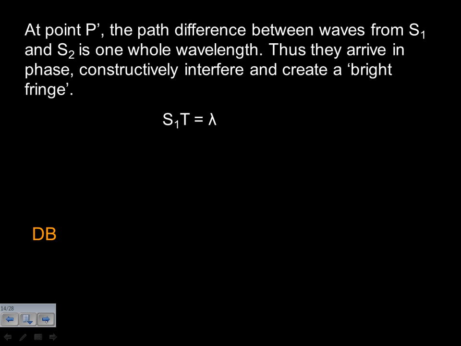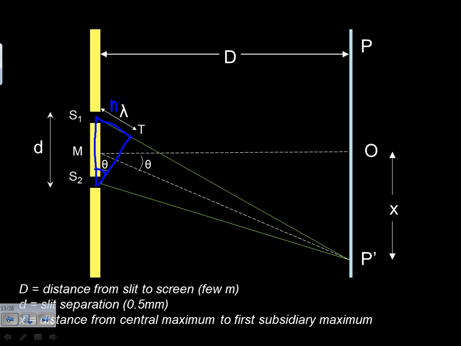All right, so some equations. So going back to this picture, and this is for a maximum, you notice a lot of variables. And the variables that are important in terms of equations, capital D is going to be the distance from the slit to the screen. And so that is how far it has to travel after it has diffracted.